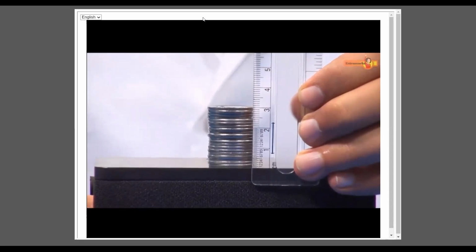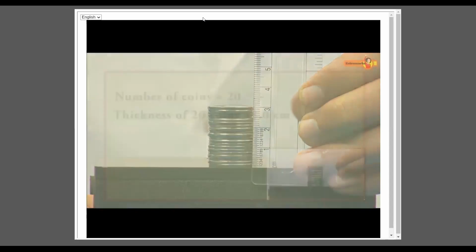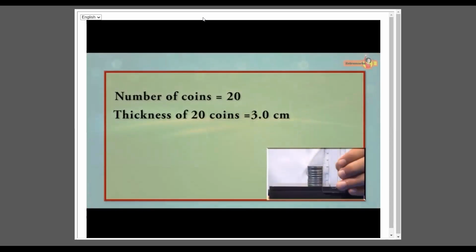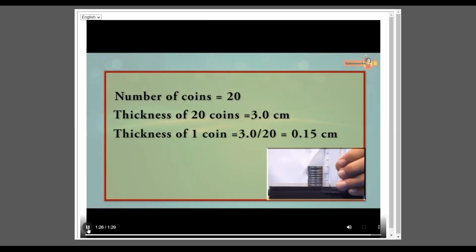Note the reading on the measuring scale. We can get the thickness of a single coin by dividing the total thickness of 20 coins by 20.